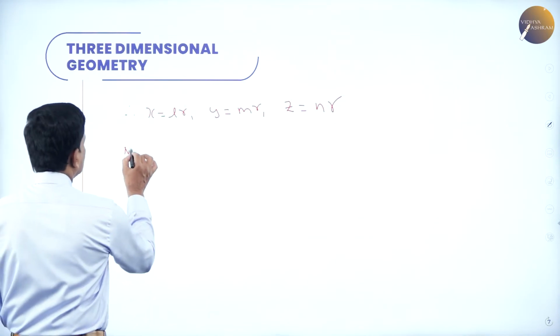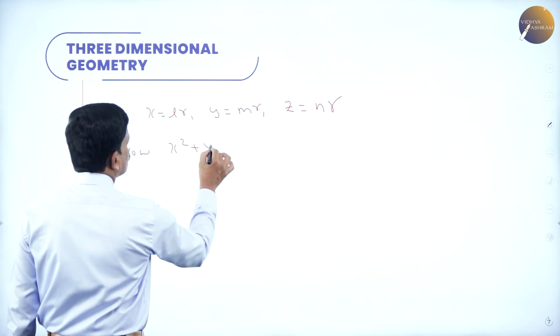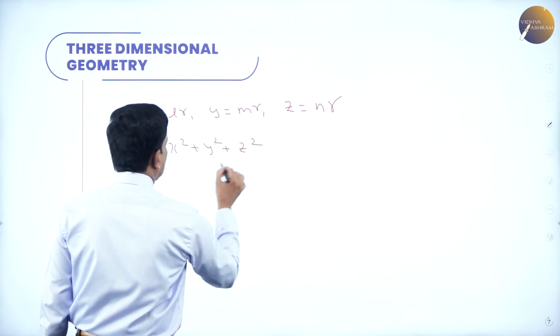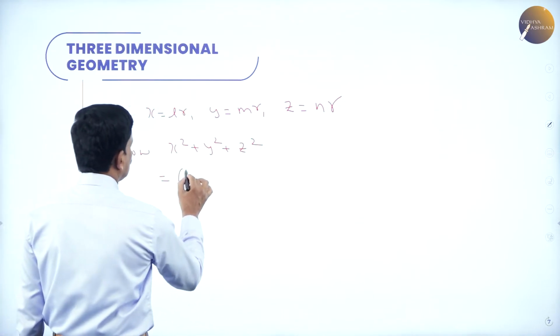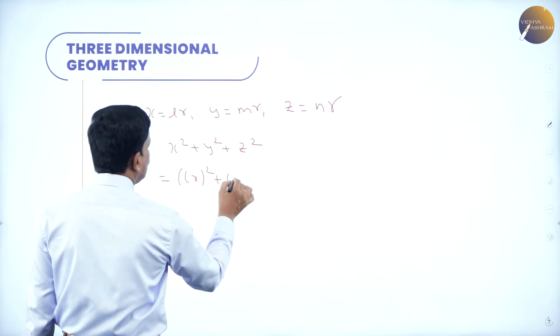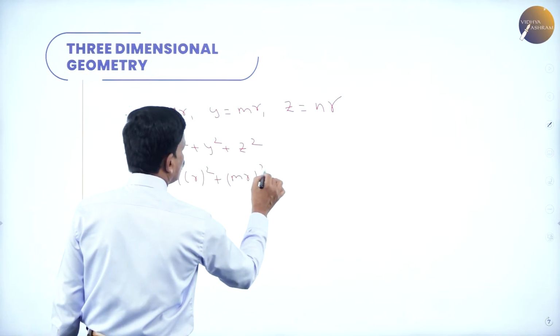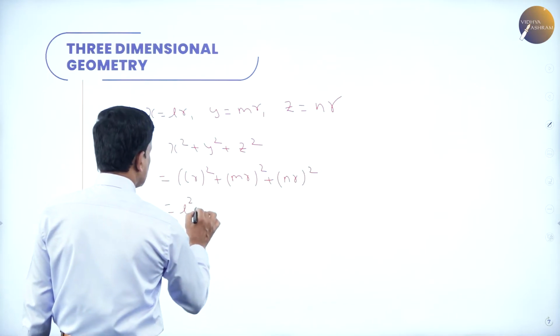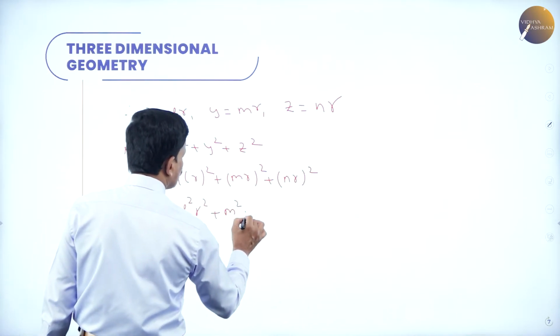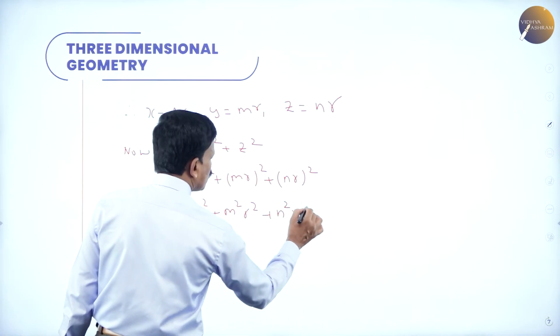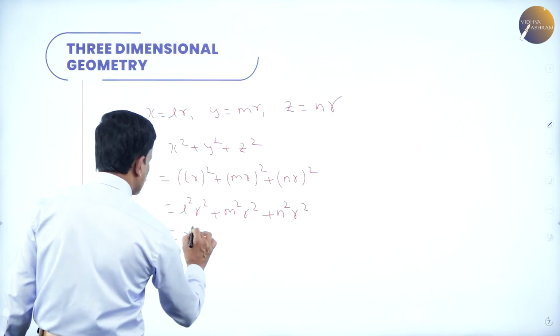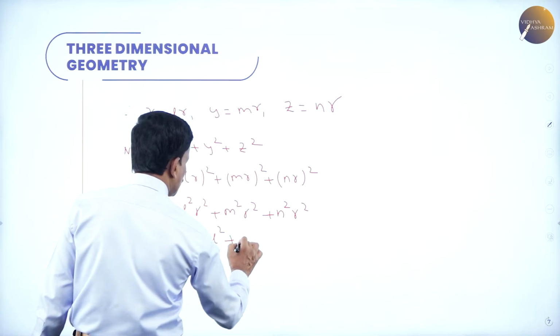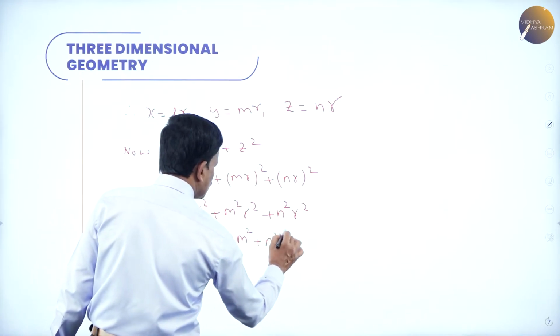Now write down the value of x square plus y square plus z square. It is equal to (lr) whole square plus (mr) whole square plus (nr) whole square. This is l square r square plus m square r square plus n square r square. Take r square out: r square into l square plus m square plus n square.